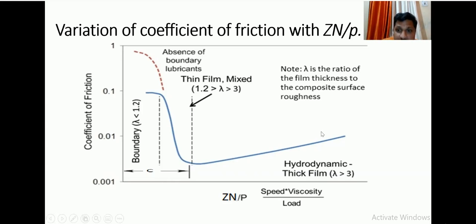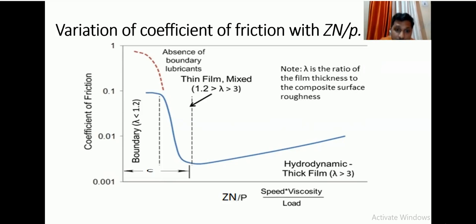Why is this friction increasing? This friction is increasing due to fluid friction. As we know, we need a viscous fluid, and we have studied in fluid mechanics that when one plate is sliding over another plate and oil is in between, there will be a friction, due to Newtonian law, Newtonian fluid.